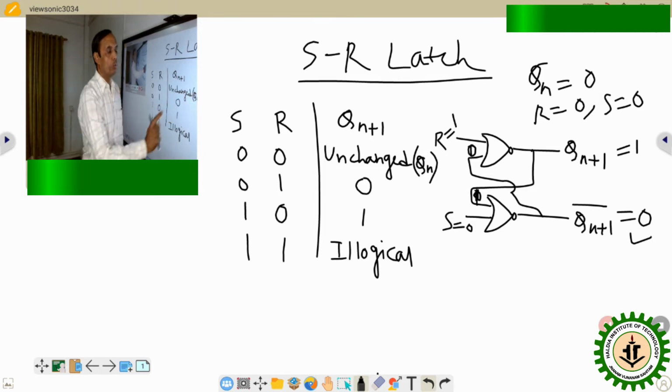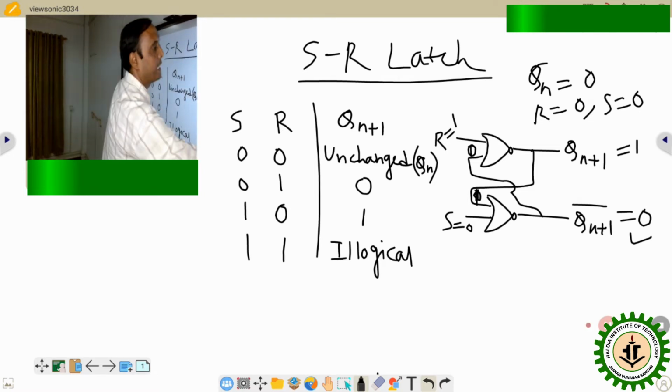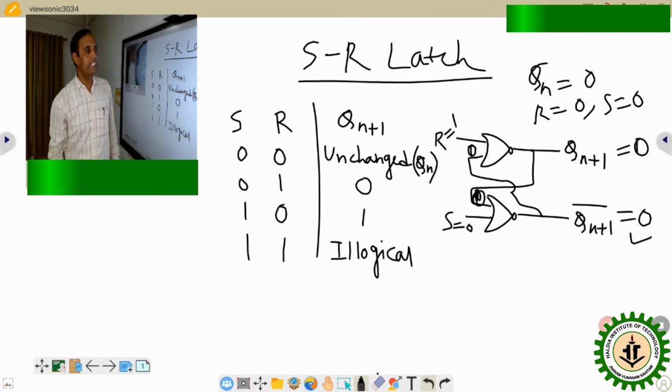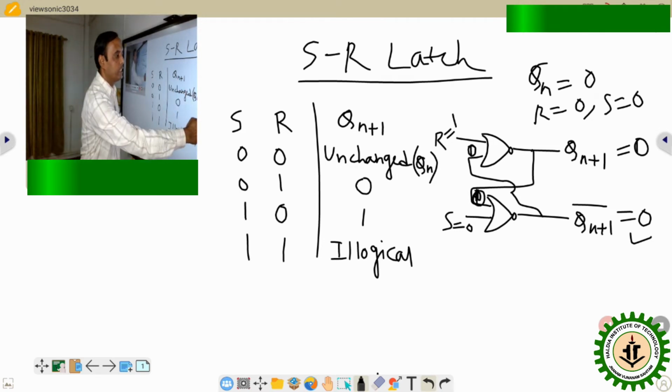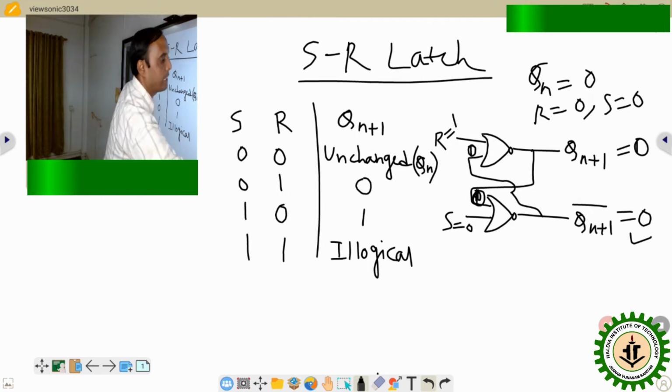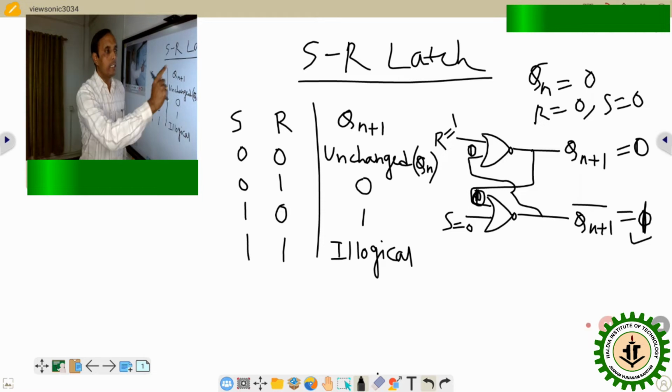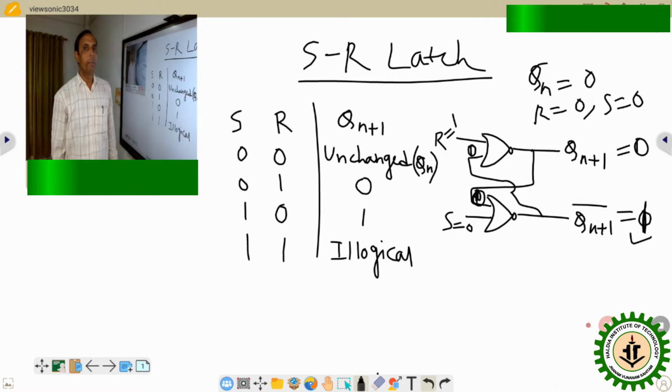This value equals 1 and one input of that NOR gate is 1, so automatically the output will become 0. This output is connected to here, so this output will be 0. Now that 0 and this 0 will ultimately make this output 1. So the present output was 1, but after giving 0 1, it changed to the present output 0.